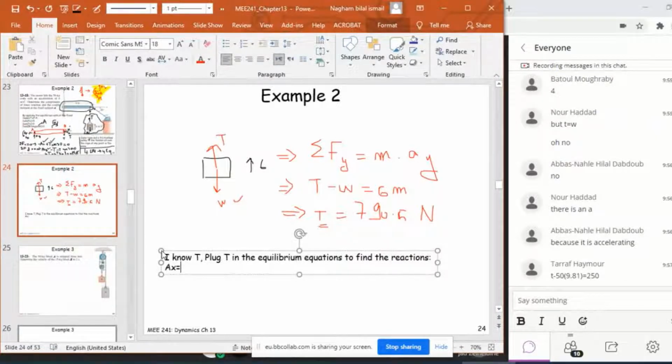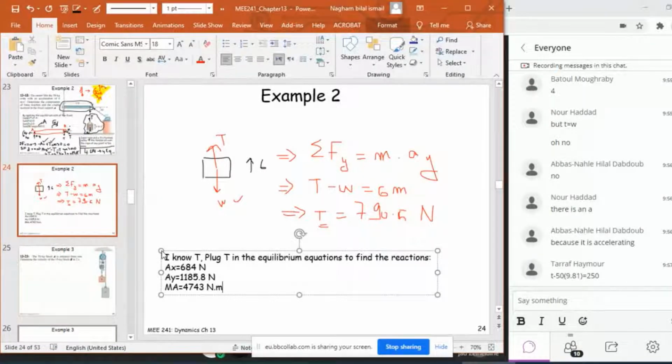Ax will be equal to 684 Newton. Ay will be equal to 1185.8 Newton, or 1.18 kilonewton. It's the same. And Ma will be equal to 4,743 Newton. All right, guys.